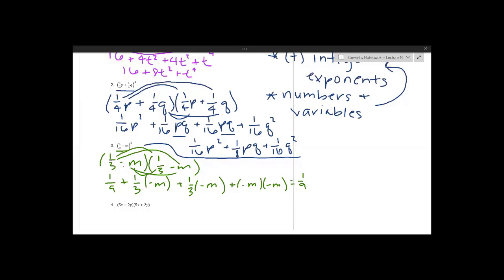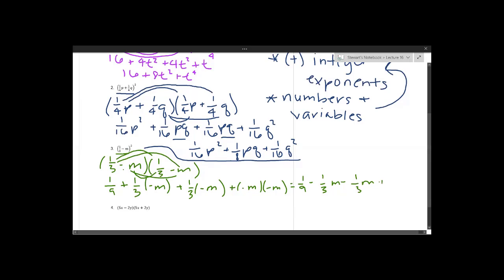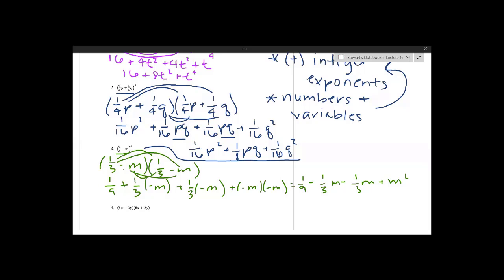We then now have minus 1/3 m, minus 1/3 m, and then negative m times negative m is a positive m squared.